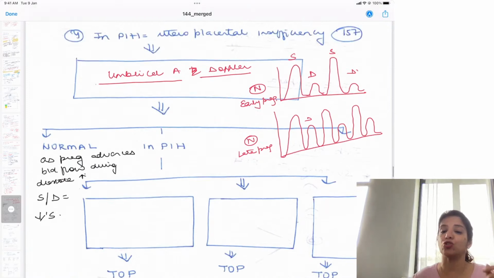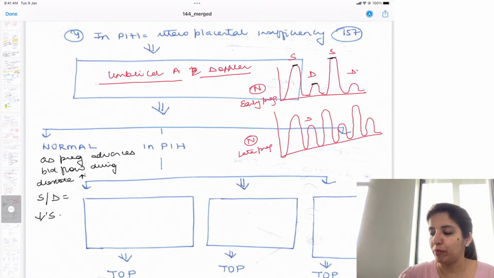I'm just explaining it to you once again in case you missed out. See, when we do umbilical artery Doppler, you are going to see the peak of systole and the peak of diastole. Blood flow during systole, blood flow during diastole. Now, as pregnancy advances, this is something which happens normally.